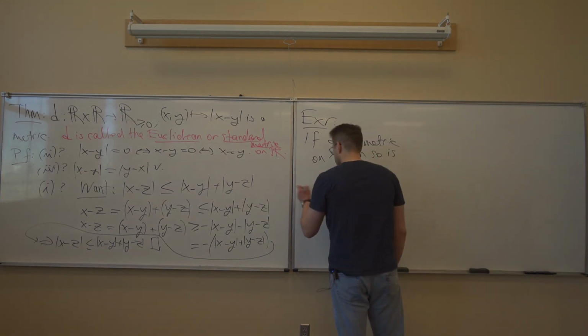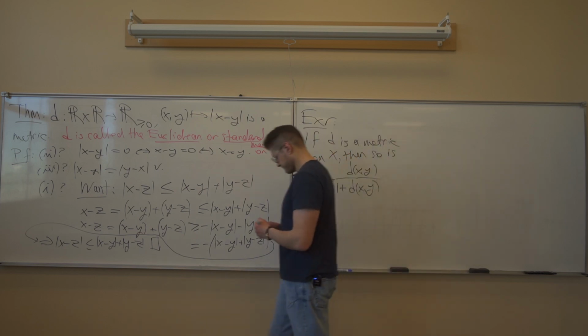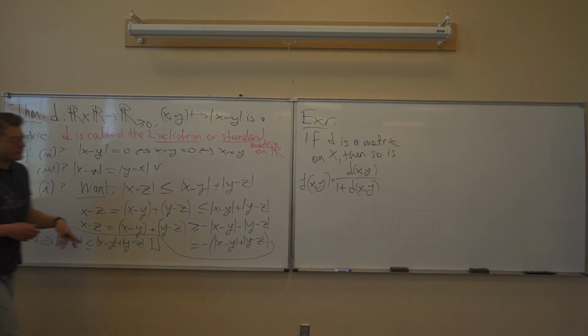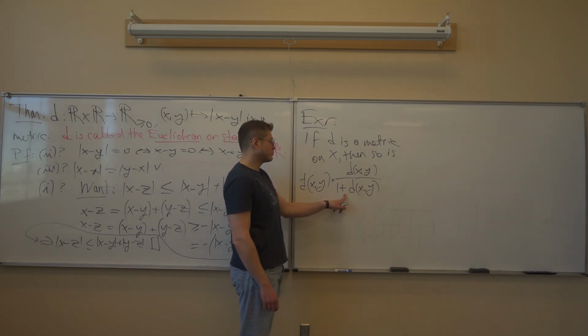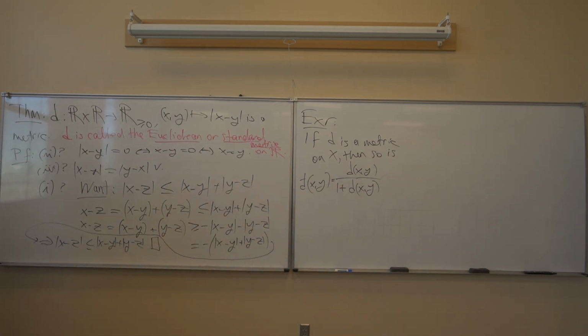So maybe I should call it D bar of x comma y equals this divided by this. That's another metric. Of course, the numerator is always less than or equal to the denominator, which means that this is now a bounded metric. You just change the metric to have bounded values. Any questions about these?